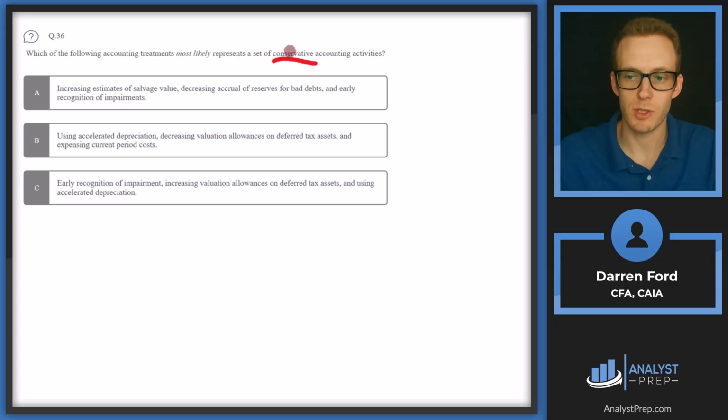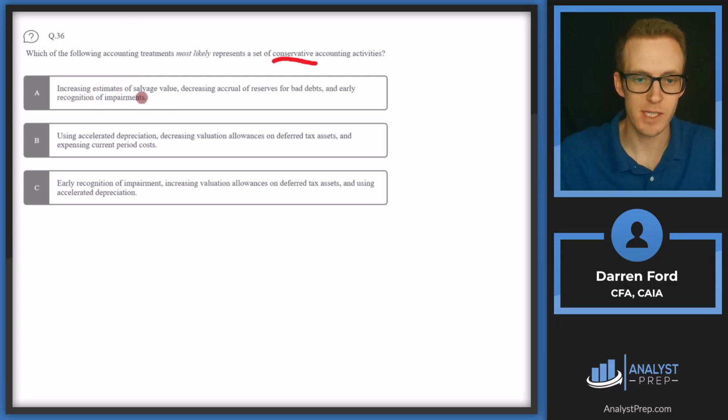So if surprises happen, this is going to hurt performance a lot less than if we're aggressive in our accounting activities. So let's look at these and determine which are conservative and which are not. In each instance, we're given 3 different activities, so we'll go through each of those one by one.